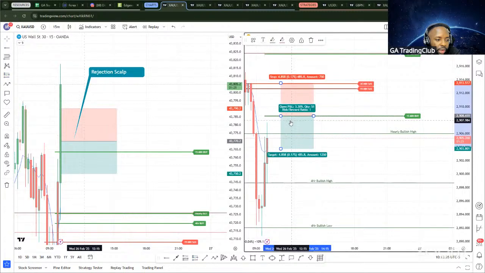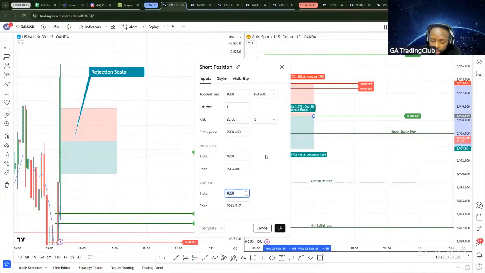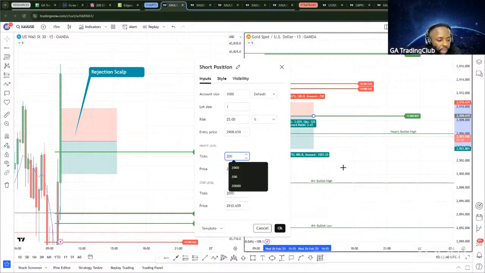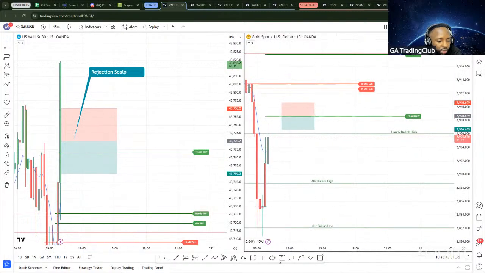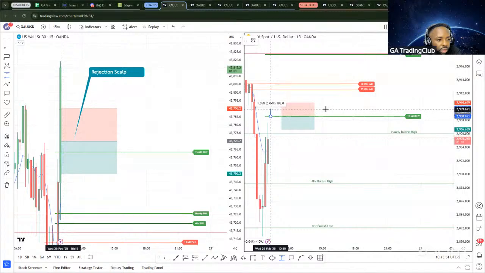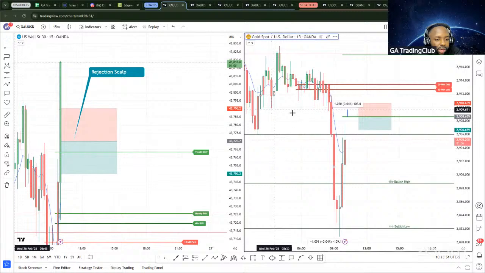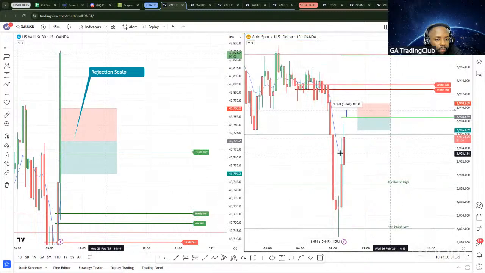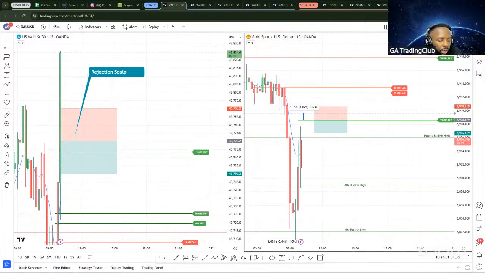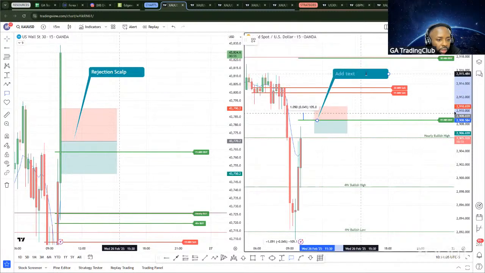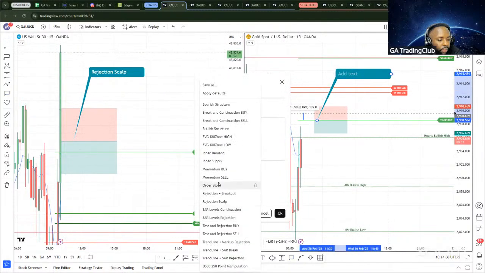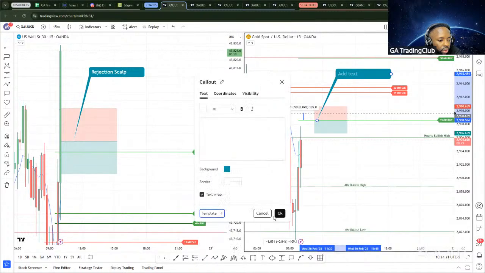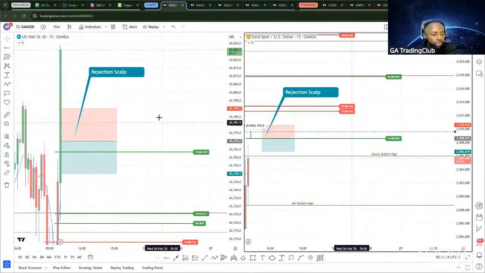This one would be a $2 TP and $2 stop. But then you would wait for price to go $1 above this rejection level, somewhere around there, and then you just set a pending alert. So something like that as well.